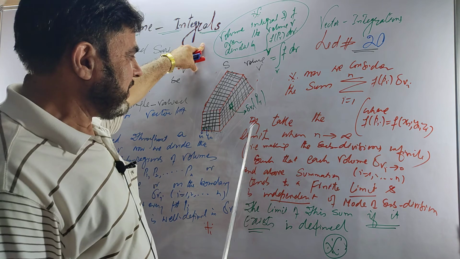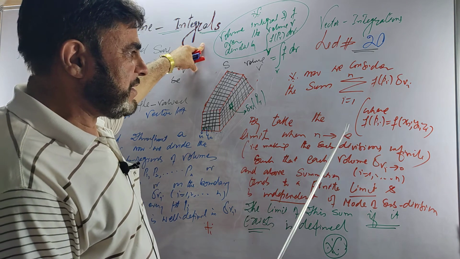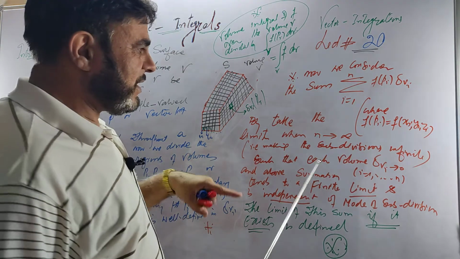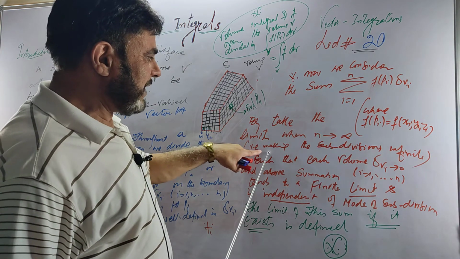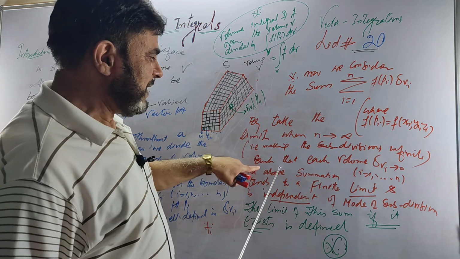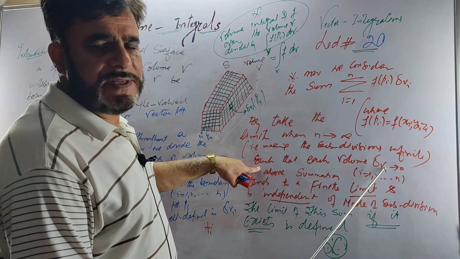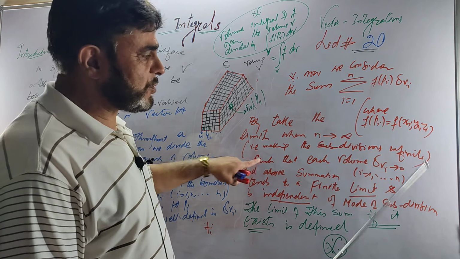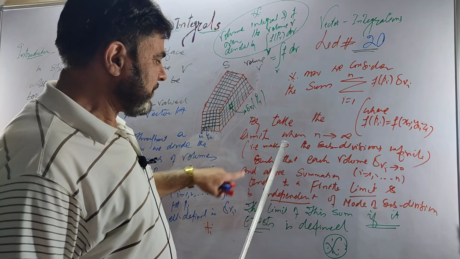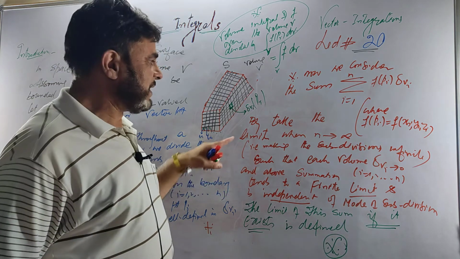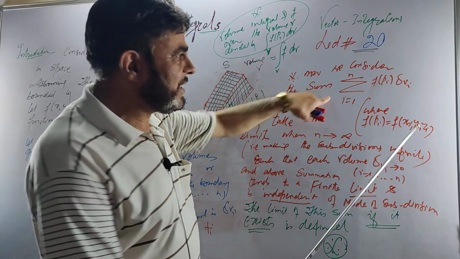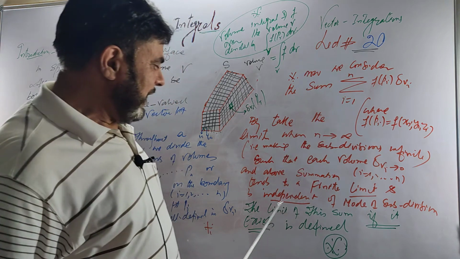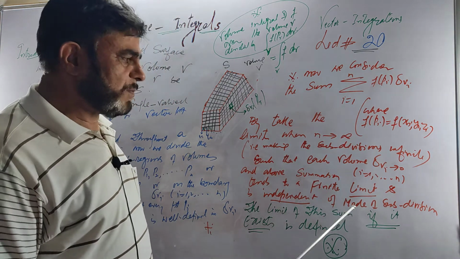By taking the limit when n tends to infinity, that is, when the number of subdivisions becomes infinite, such that each volume delta V1, delta V2, delta V3, delta Vn tends to 0, the above sum tends to a finite limit. The limit of this sum exists when n tends to infinity and is independent of the mode of subdivision.